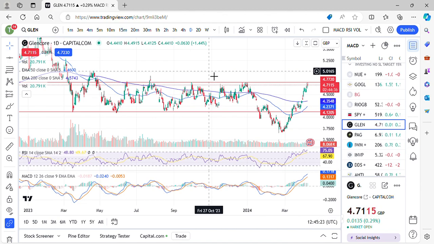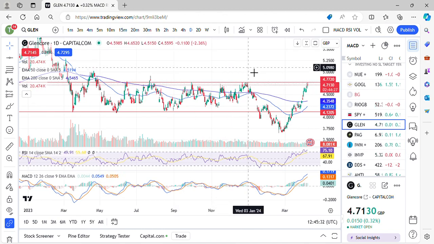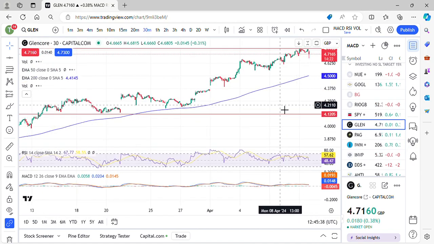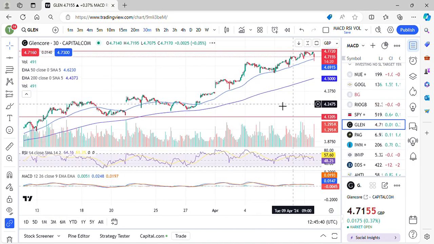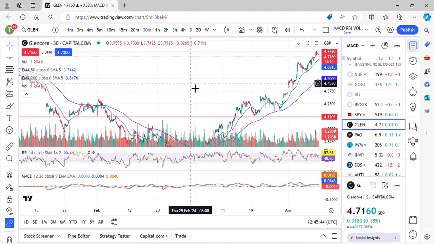So when you're drawing your support and resistance lines, a tip for you is, what I tend to do is I draw one colour on the daily time frame, and then if I go to a smaller time frame, let's say I'm going to the 30-minute time frame and I'm trying to find an entry, there might be smaller support and resistance levels in here somewhere.